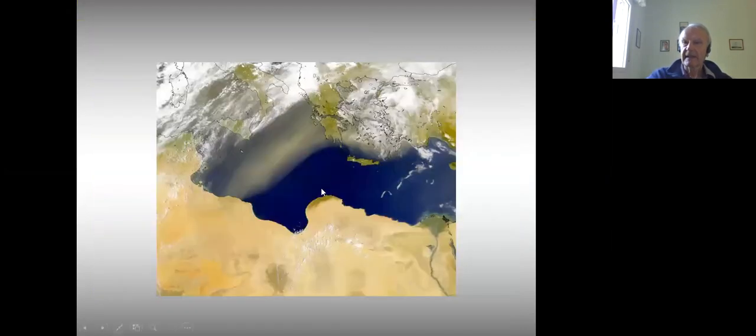And here is another nice picture showing much better where this Saharan dust comes from. You can see the plume of Saharan dust originating from the Sahara, from the African desert, and being transported into the entire central Mediterranean.